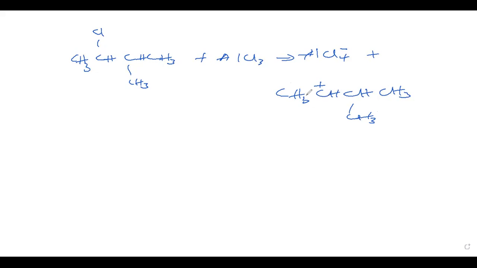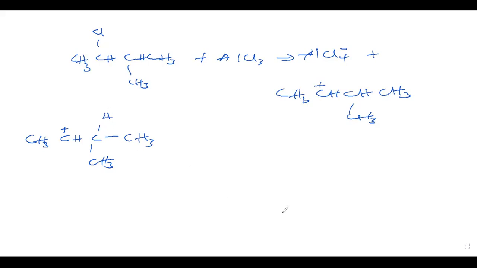Now, of course, I can do skeletal rearrangement, right? So what will happen here is I have to do my hydride shift. Now, let me draw this compound again. I'm drawing the same compound again. So CH3, CH, CH3, CH3. Good. So I have to show my hydride shift.